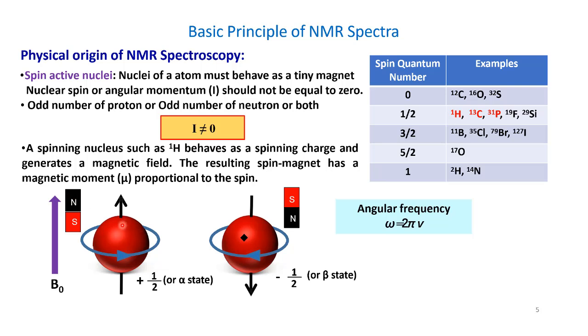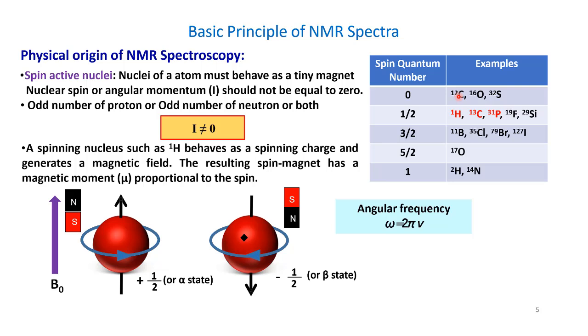The atom will try to align with this magnetic field, and it can be either plus half or minus half. Here the spin should not be zero; it should have some value. For the elements which have spin quantum number zero, those will not give any signal in the NMR.